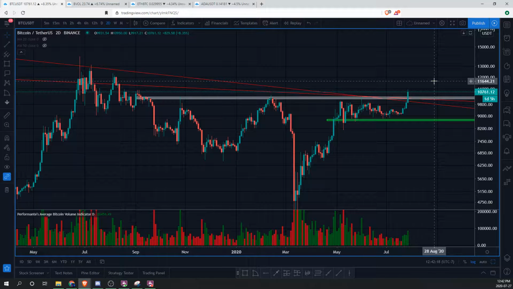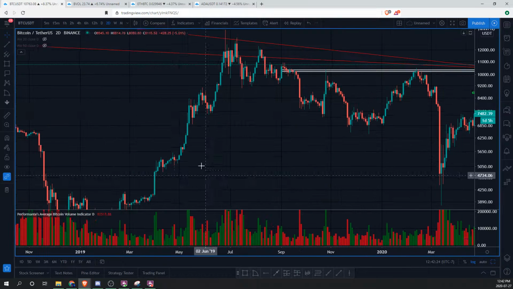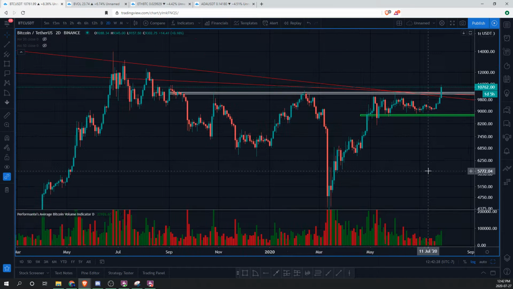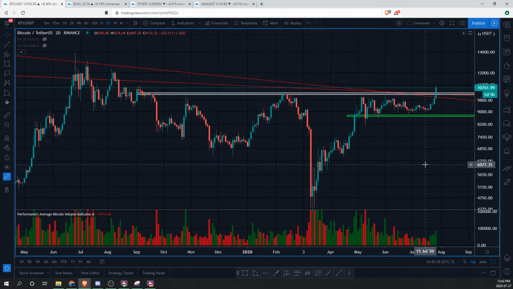So we're at that point that we could be making a strong parabolic move here, like we saw in 2017, like we saw in the start of 2019, after this nice consolidation phase. So that is the speculation, and we're going to be looking for continuation patterns in Bitcoin as well as Ethereum and other alts.